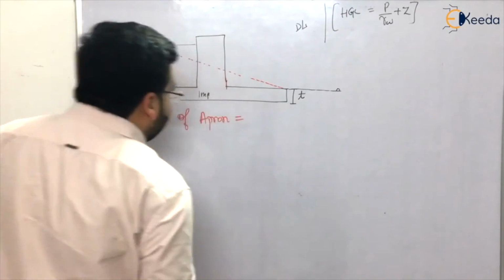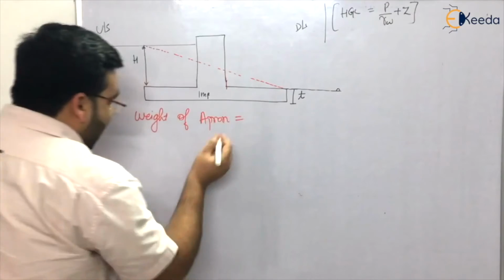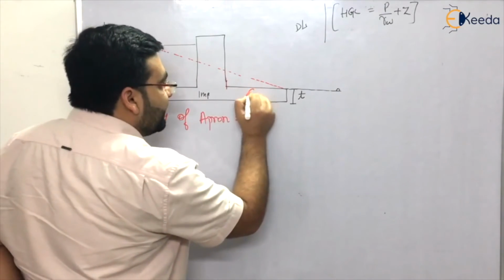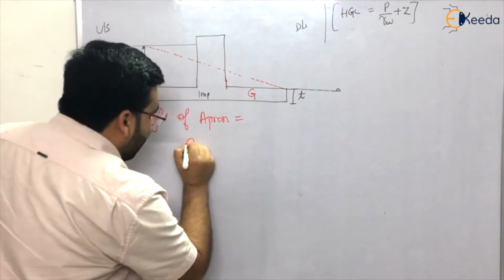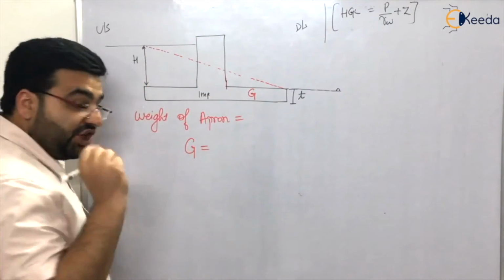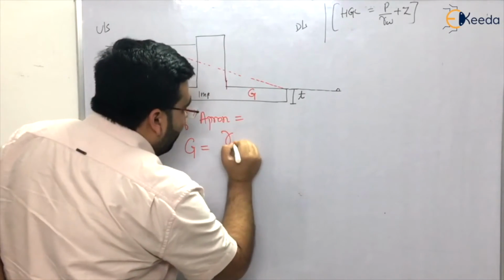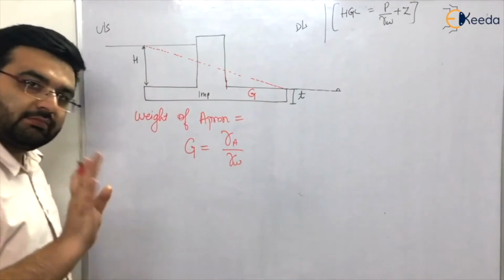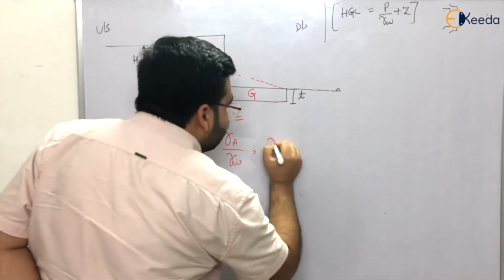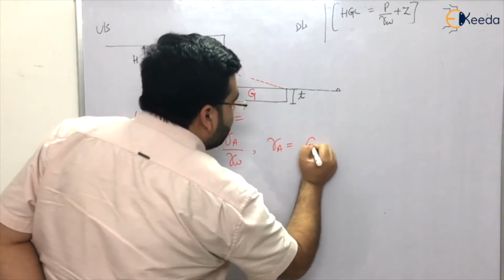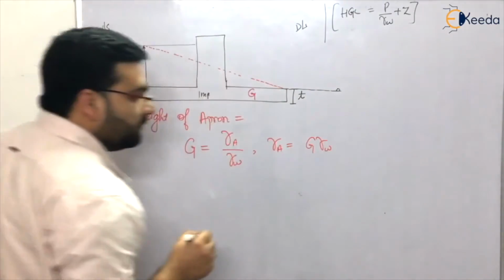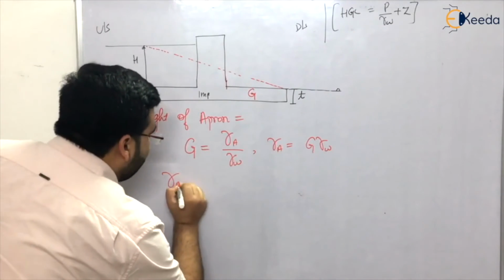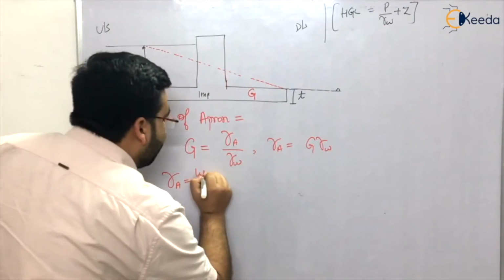Now what will be the weight of the apron? If I know the specific gravity of the particles as G, then G is equal to gamma of apron divided by gamma of water. So gamma of apron will be equal to G into gamma of water. We know that gamma is equal to weight per unit volume.